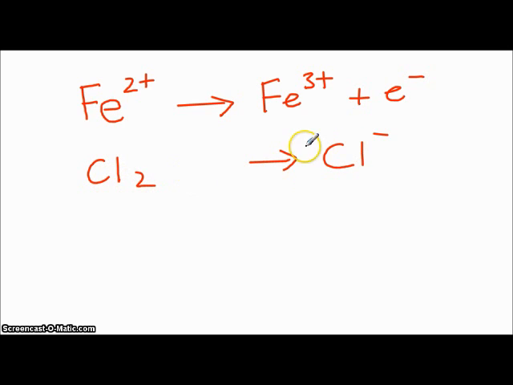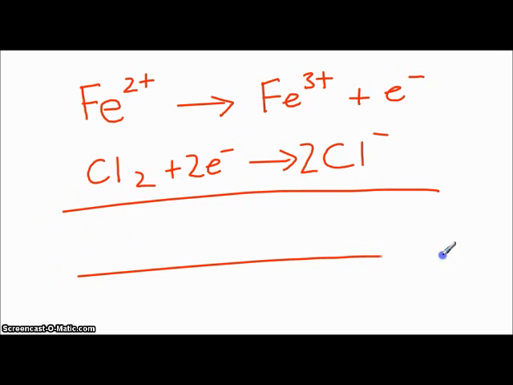Cl2, diatomic molecule, so we need 2 chloride ions. And that gives us 2 minus charge on that side, so we need 2 electrons on this side. Now, to balance these 2 half equations into a full reaction, what we need to do is balance the number of electrons. We've got 1 electron here, we've got 2 electrons there, so we multiply through by 2.